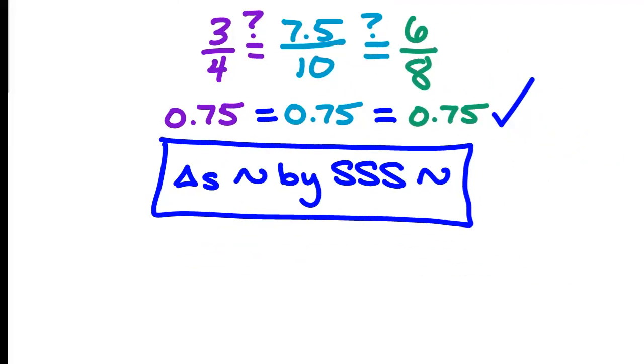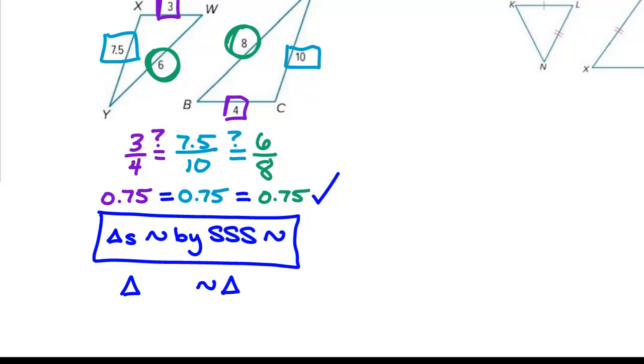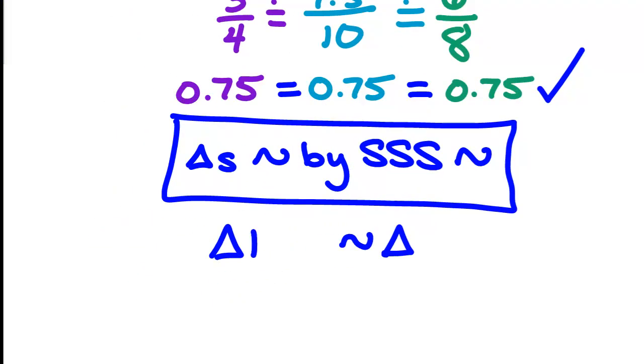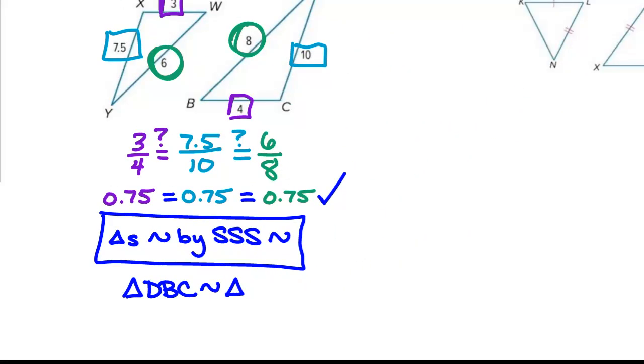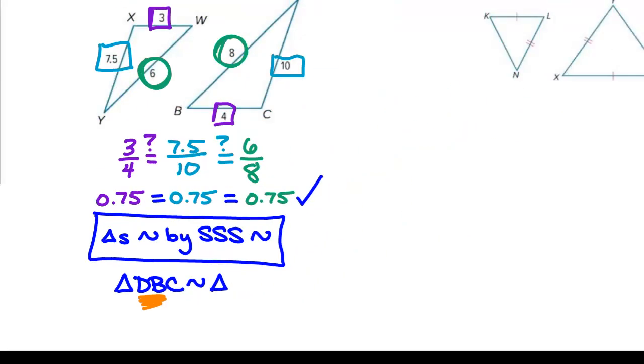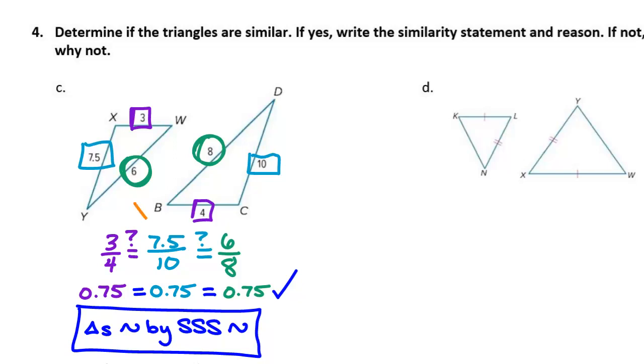And then we have to provide that similarity statement. There is only one way to write this one. Let's call the first one DBC. I like that. DBC. Now let's be really careful on the next one. I'm going to look at the first 2 letters here. DB. I'm going to go look at that side. Here's side DB.